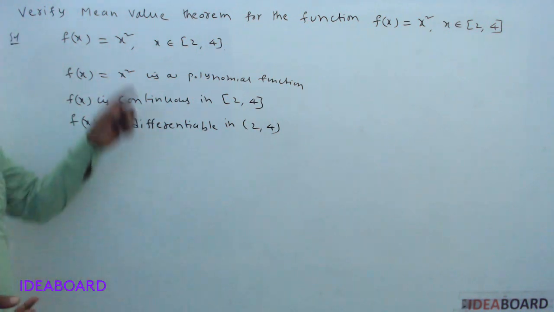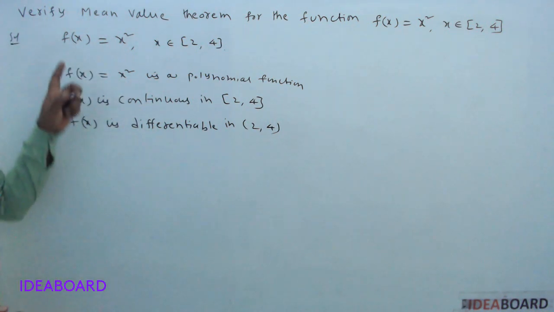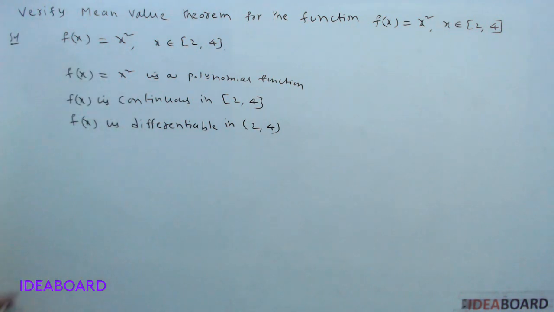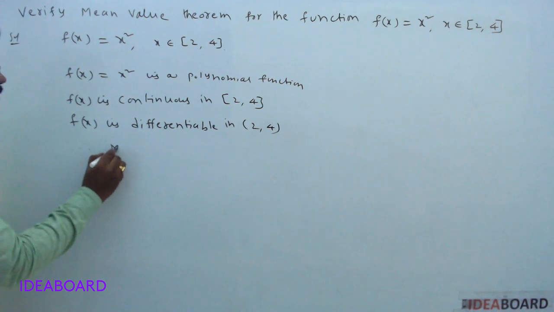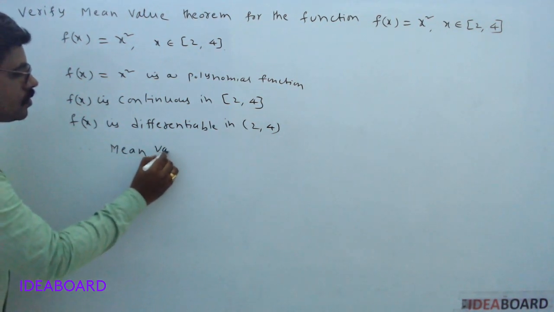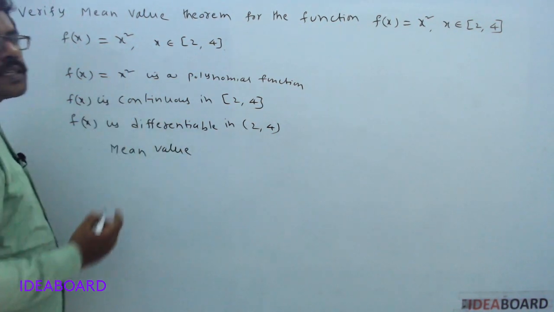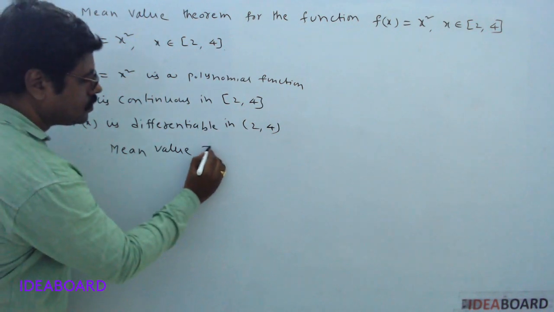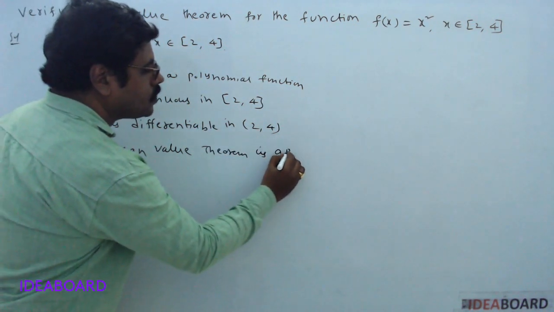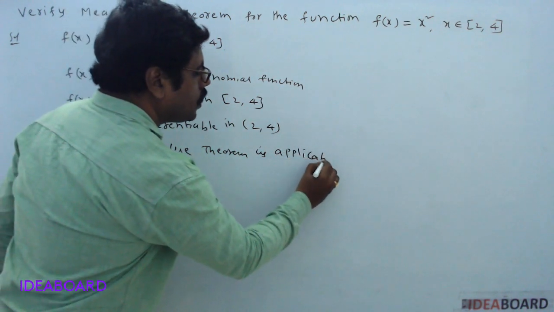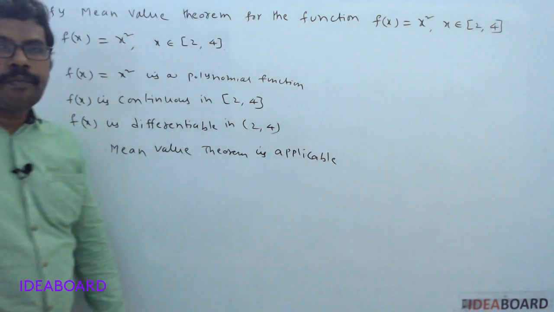So we say that mean value theorem is applicable to our given function f of x. So write down that condition also. Therefore mean value theorem is applicable to the given function f of x.